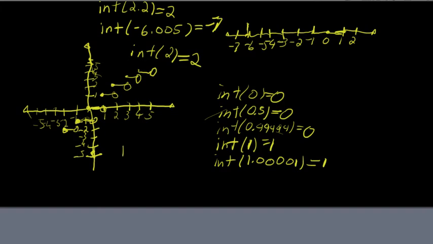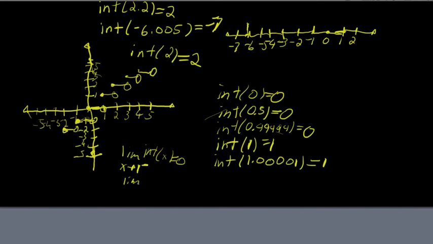So the limit as x tends to 1, and when we're looking at limits from the left, we put a minus sign. That doesn't mean negative values. This simply means approaching 1 from the left, of int of x, equals 0.